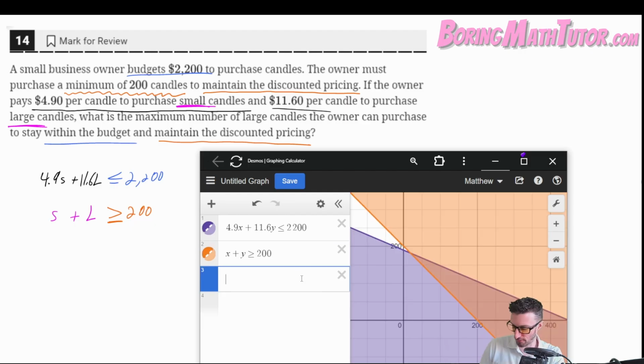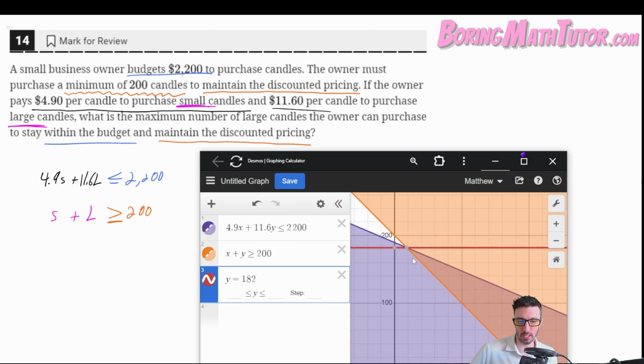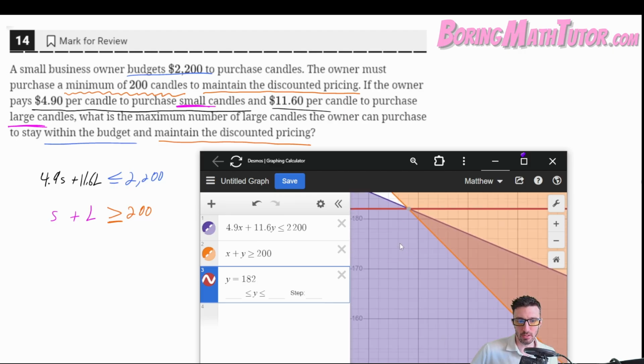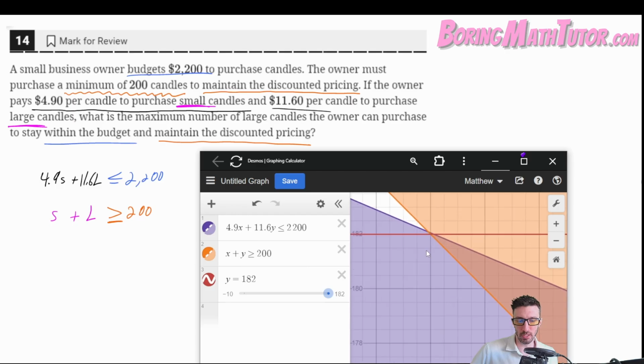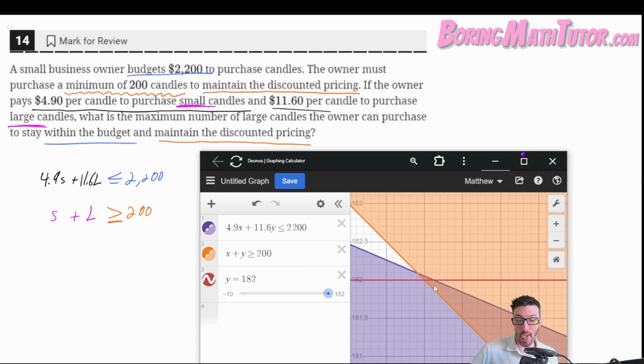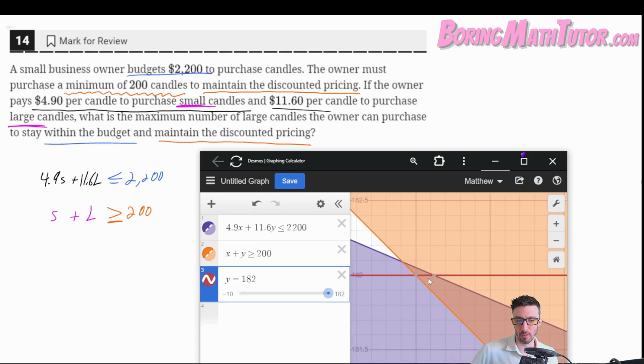Now, if you just want to verify that you actually can do 182, then you can put Y equals 182 and make sure that there's a possibility for X being a whole number within that range. And yeah, it looks like X could be 18. We have to make sure that both of these are whole numbers, right? So it turns out 18 actually is a possibility.